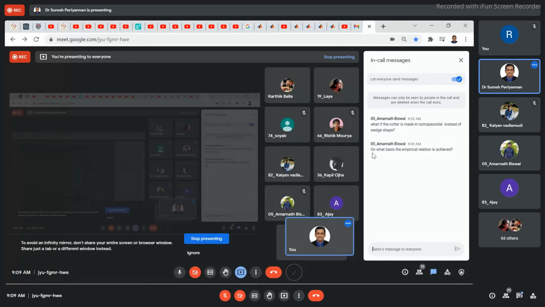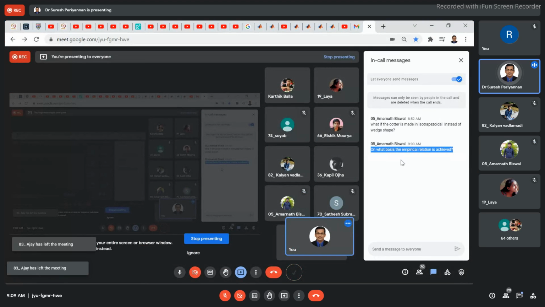On what basis are the empirical relations achieved? The empirical relations are developed by research people. They might have gone through FEM simulation, and that must be verified in the laboratory and in the field of applications.